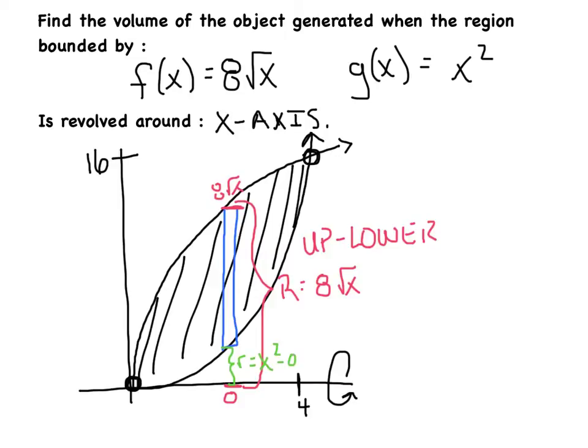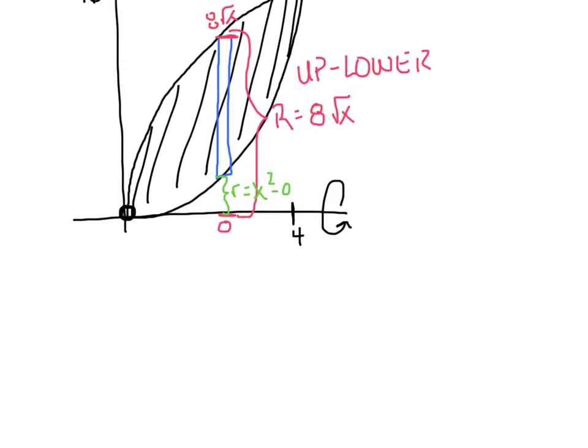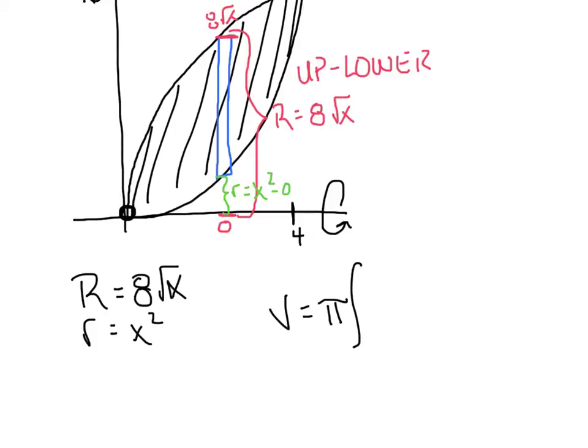And now we're ready to set up our integral and write our formula. Real quickly, let me just clarify here in case it looks too messy. My outer radius is 8 radical x. My inner radius is x squared. So volume is going to be pi times the integral from, well, we started at x equals 0, and we finished at x equals 4.